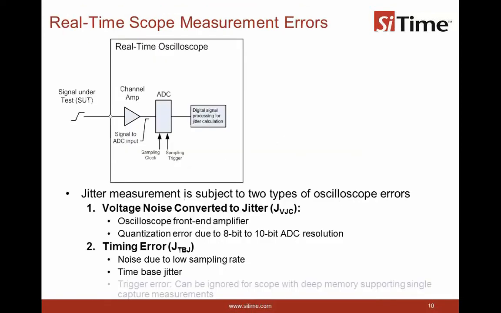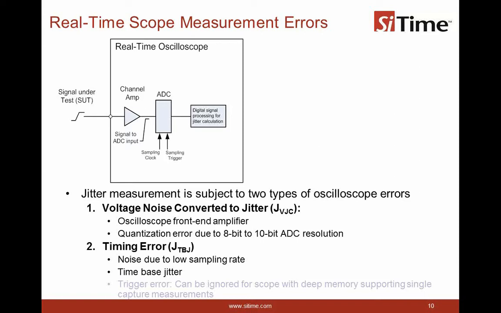Let's move on to the next slide. A real-time scope inside the channel has two main components. One is an amplifier that basically amplifies the signal or attenuates it. That is basically the way the scope responds to the vertical knob on the scope.